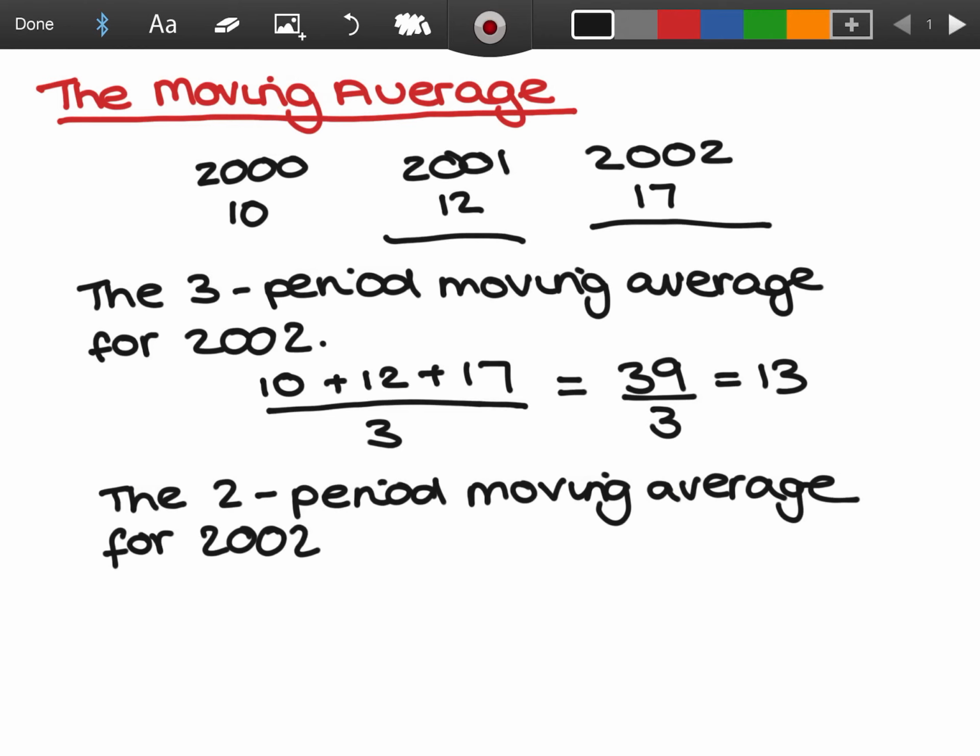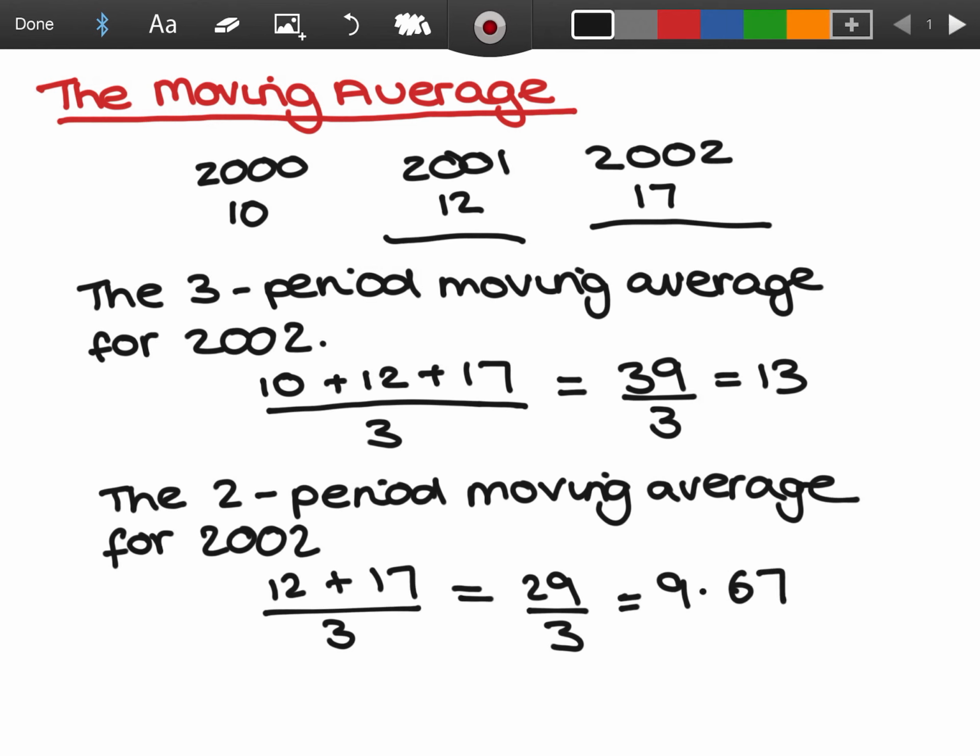I'm only doing 2 periods, working backwards from 2002. So the 2-period moving average for 2002 would be 12 plus 17 over 2, and that works out as 29 divided by 2, which if we type that into a calculator comes out to 14.5.